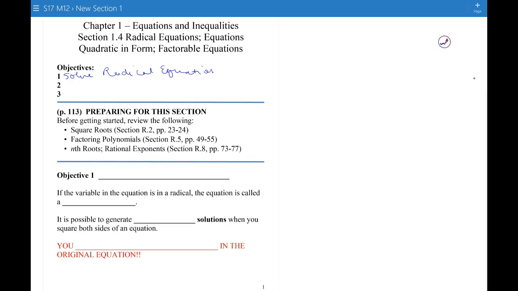And as usual, we'll define that before we talk about how you solve them. Then we're going to solve equations quadratic in form. And the third objective is going to be to solve equations by factoring.